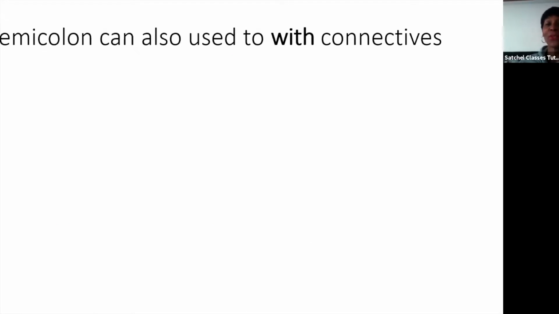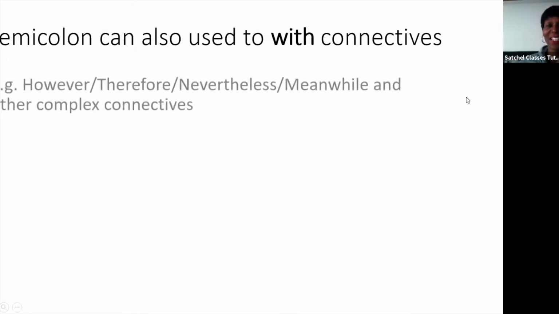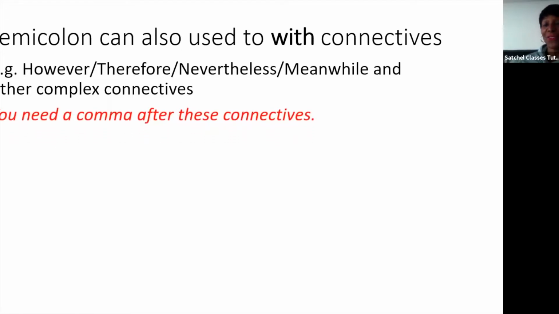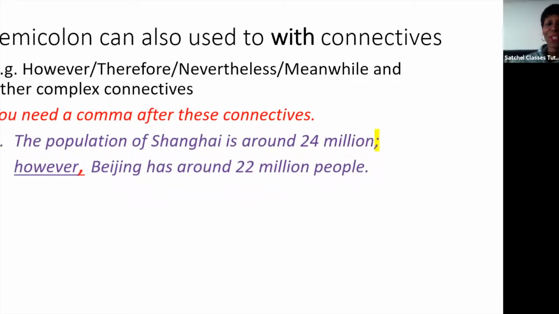Semicolons, however, can be used with connectives like however, therefore, nevertheless, meanwhile, and other complex connectives. You'll need a comma after these connectives. So, for example, the population of Shanghai is around 24 million; however, Beijing has around 22 million people.